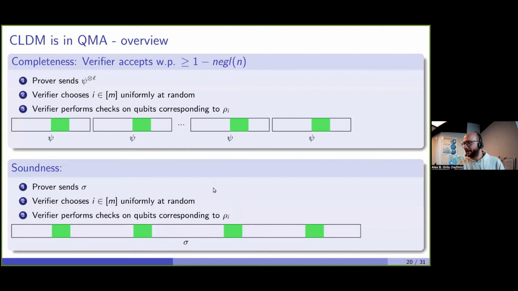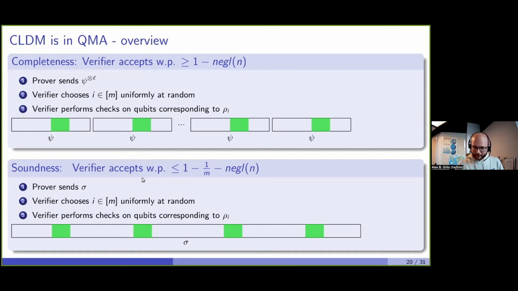What one can check is that this sort of tomography won't pass for the specific rho I that is different, because we know that for every quantum state there is a rho I that is incompatible with that quantum state. What we can show is that for every quantum state sigma, this tomography will fail with some probability.